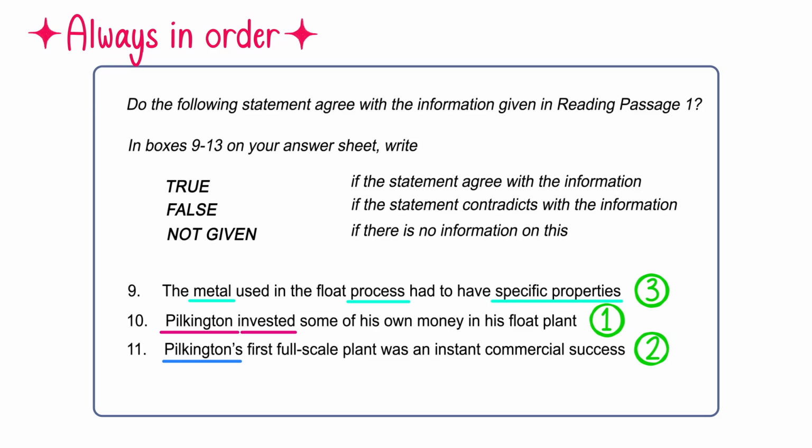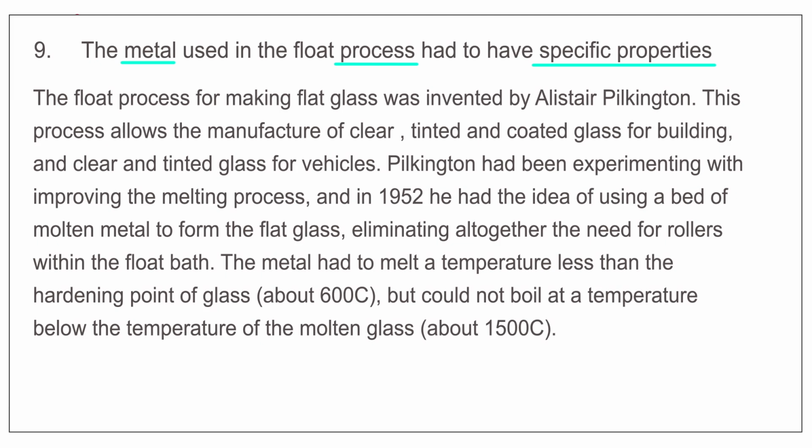So we have to find the word metal in the text. So we come across this paragraph in which metal and process are repeated twice. As you can see, the first sentence has process, the second sentence has process, and in the fifth and sixth sentences metal is used and repeated.